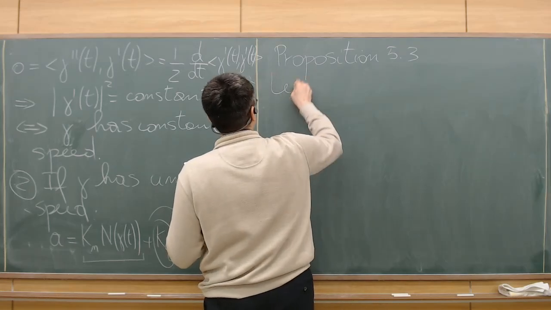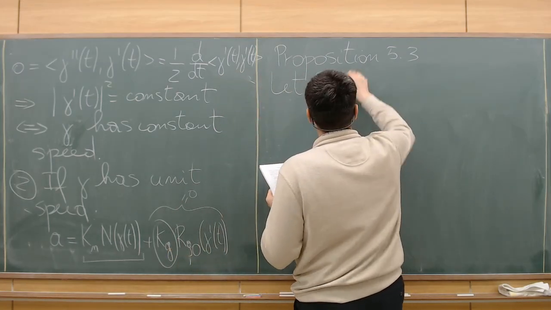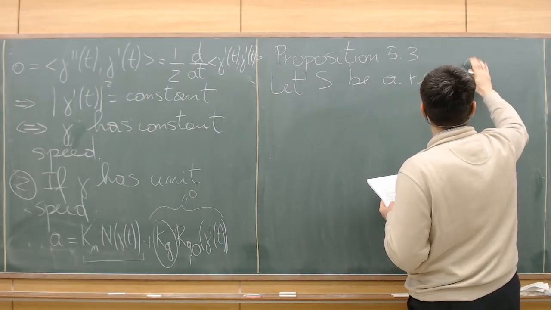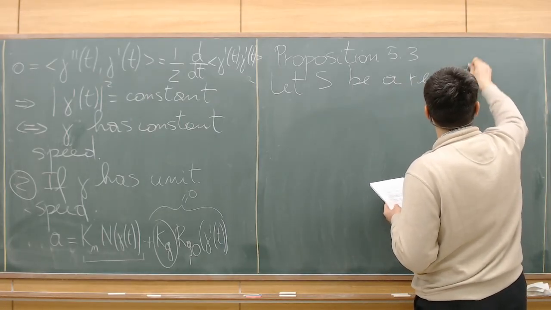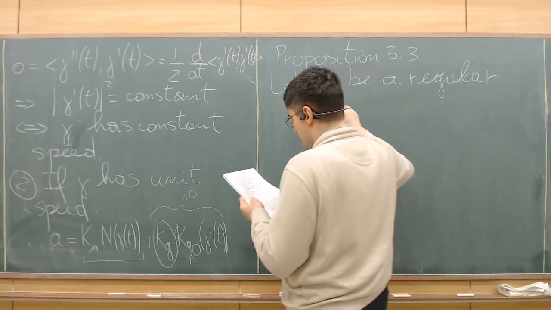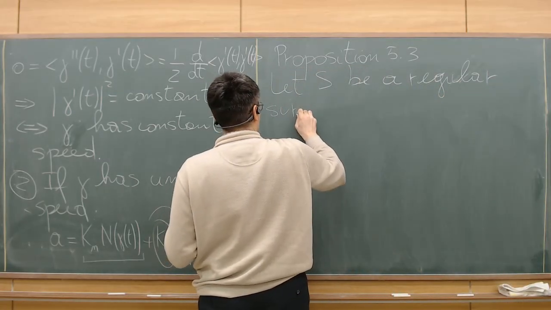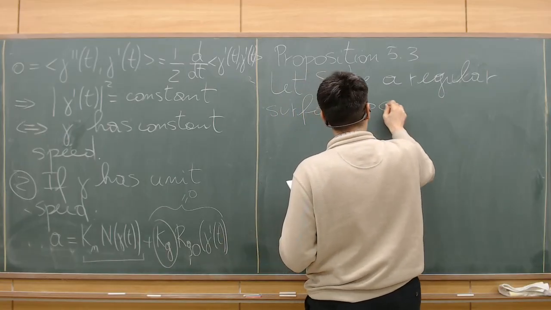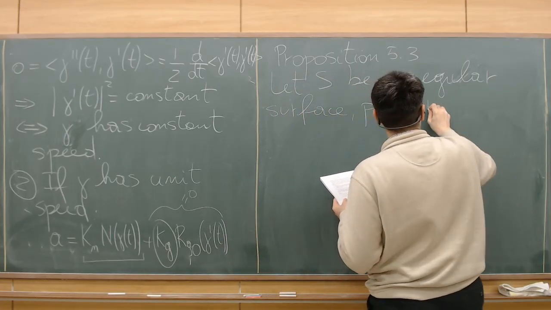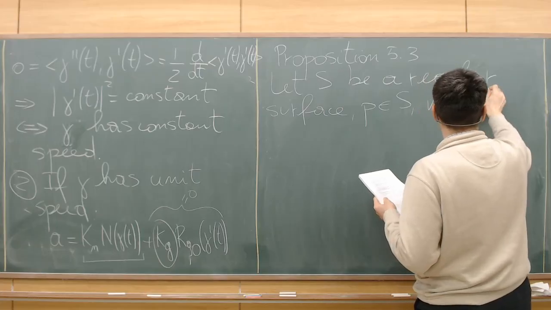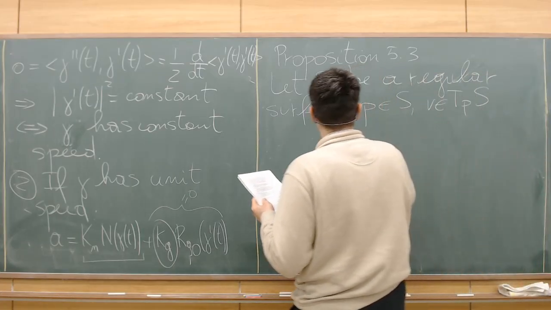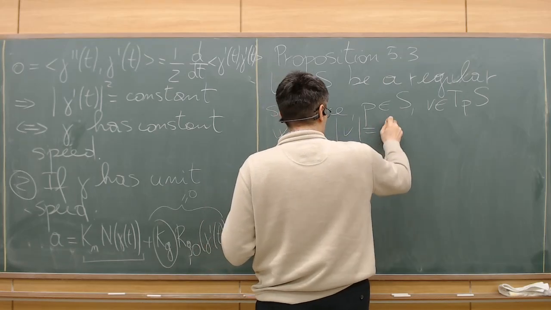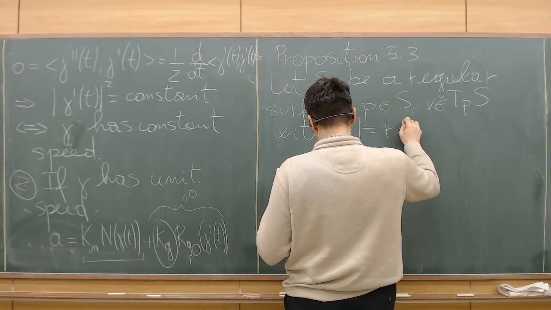So let S be a regular surface, P a point of S, V a vector in TpS with length of V denoted by r different from 0.